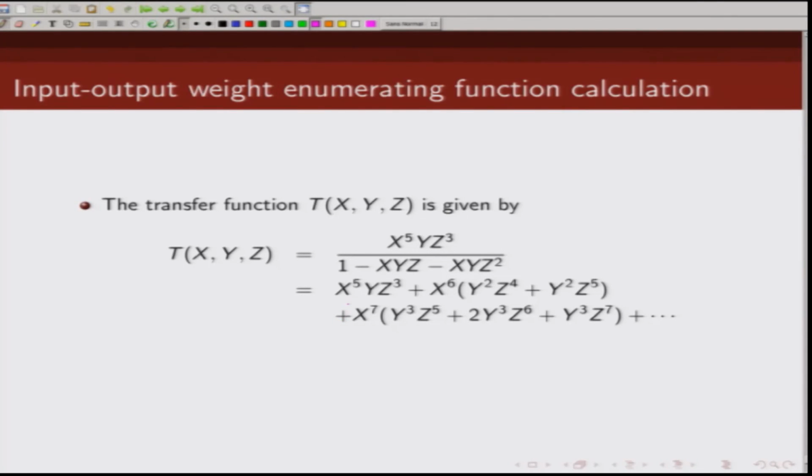The weight enumerating function said we had one code word of weight 5. Now, it says that the code word of weight 5 was caused by message information bit 1 and the length of the digression from the all 0 state before it merged with the all 0 state was 3.